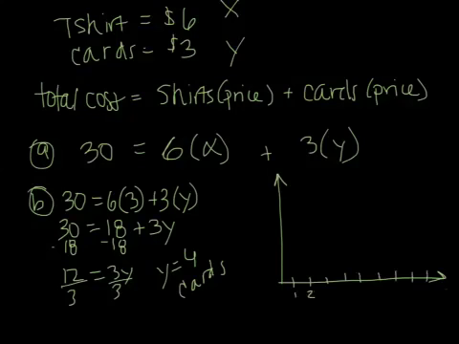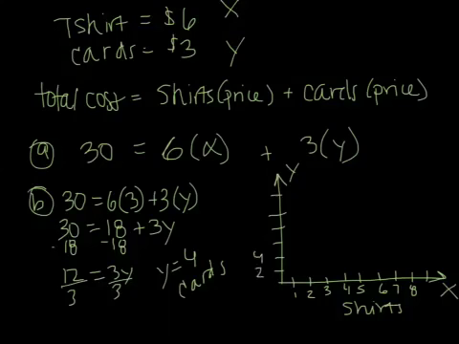So this is 1, 2, 3, 4, 5, 6, 7. And this is for shirts. Make sure to mark your X and Y. And since I don't have as much room on that side, I'm just going to mark it by 2s. 2, 4, 6, 8, 10, 12 for our cards.